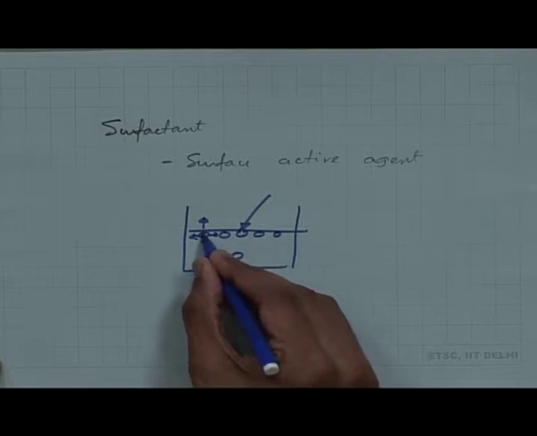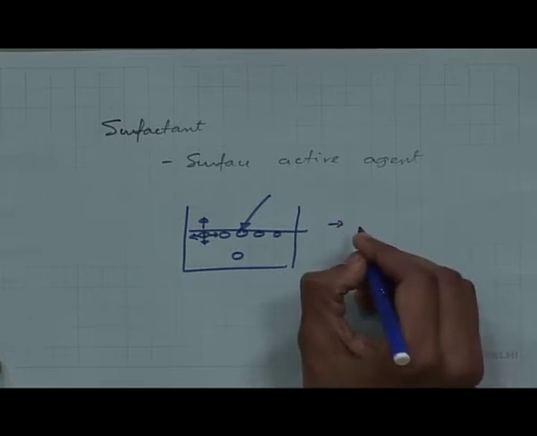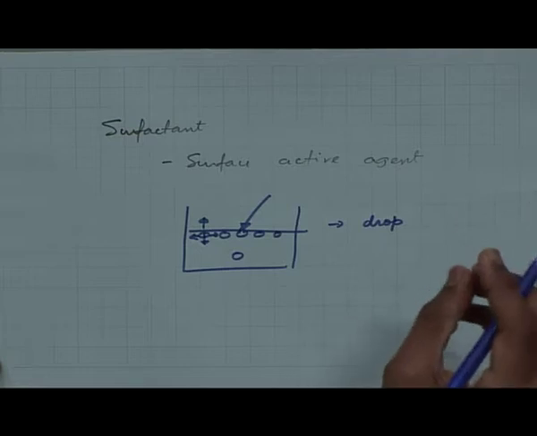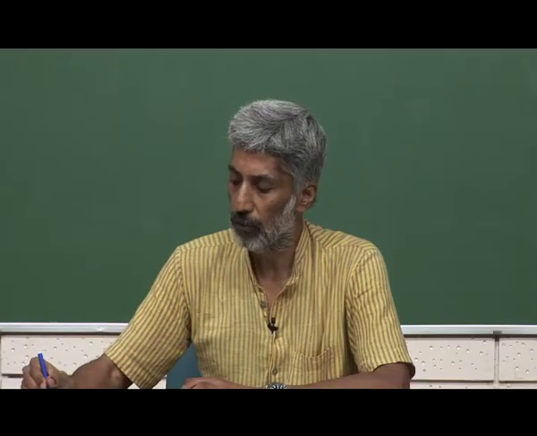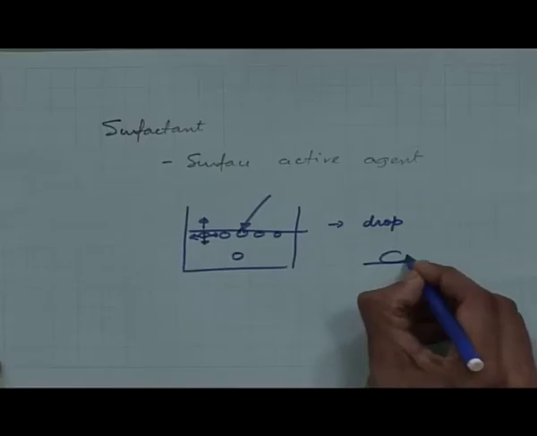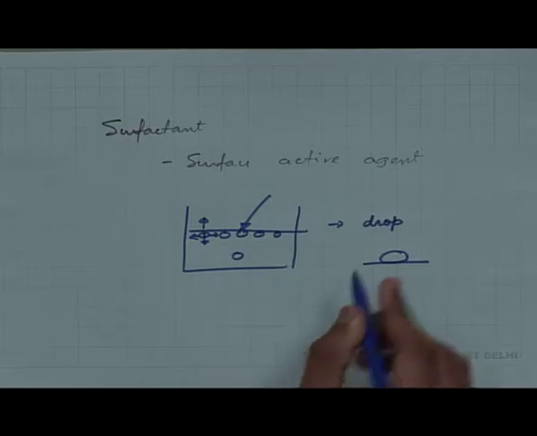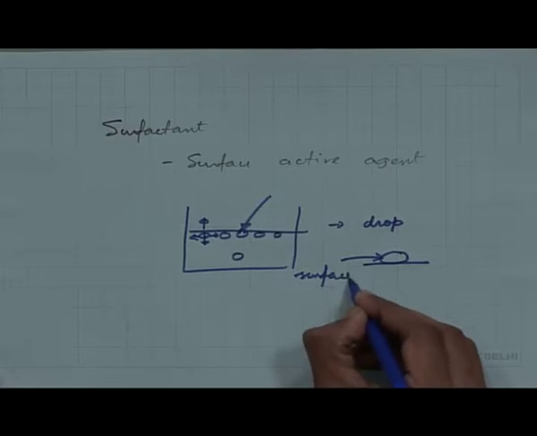They would rather avoid being on the surface, and this is something that we have encountered in all our lives. If you take a small drop of water and you put it onto a surface, in general the drop of water will tend to become a sphere, and the reason for this is nothing but surface tension.